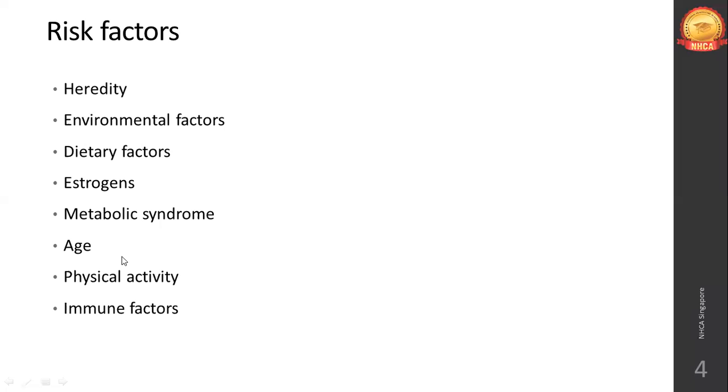Then immune factors. Sometimes your healthy immune system can recognize what is foreign and destroy it. But as mentioned earlier in the pathophysiology, if your immune system is suppressed, the cancer sensing genes are suppressed.